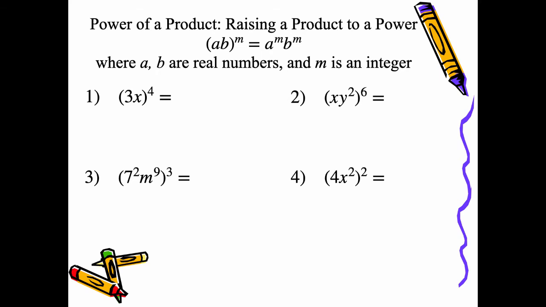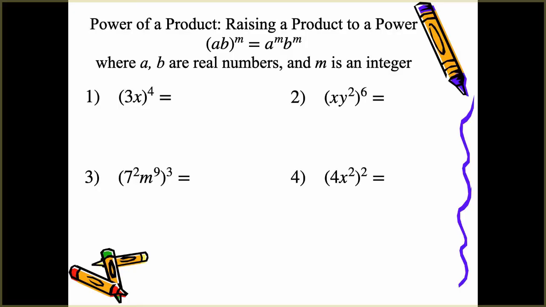So what we have here, we're taking a product, something multiplied together, in parentheses raised to an exponent. So here it says ab to the m equals a to the m, b to the m. A and b are real numbers, and m is an integer. So here you have 3x in parentheses raised to the 4th power.